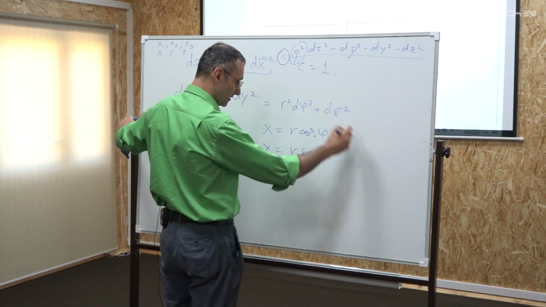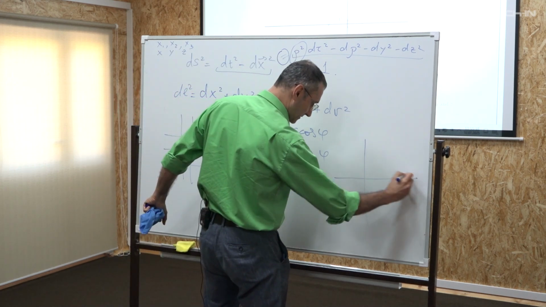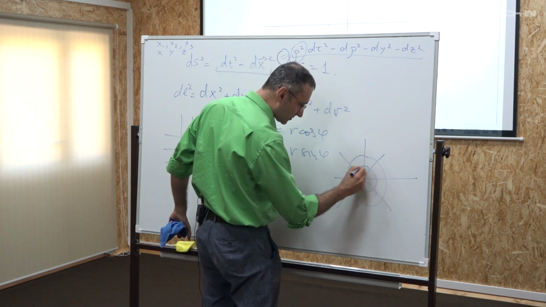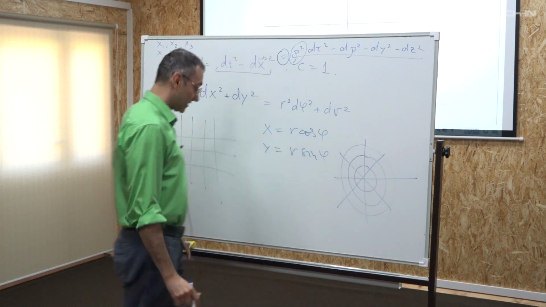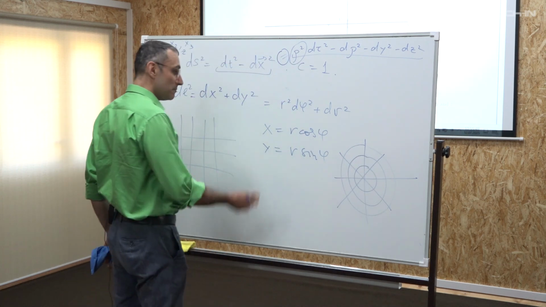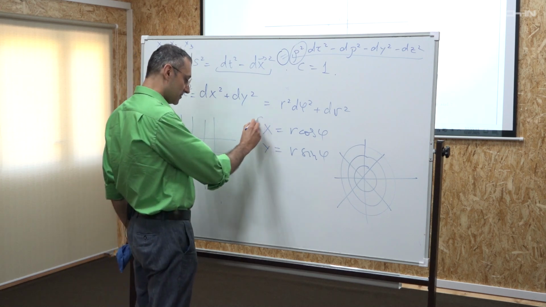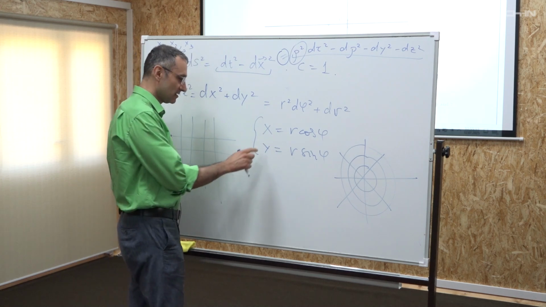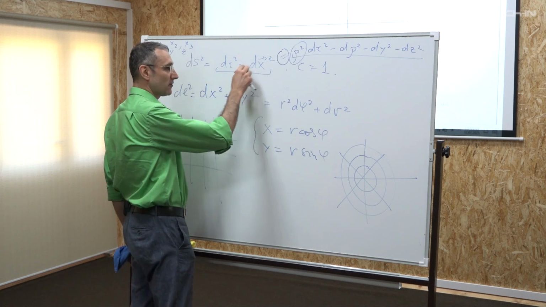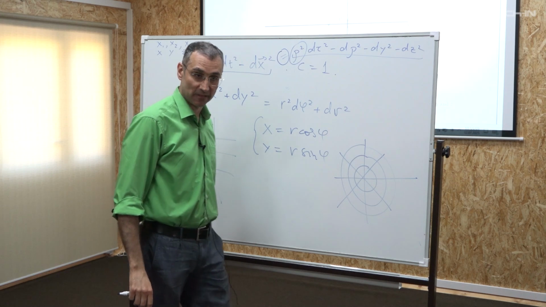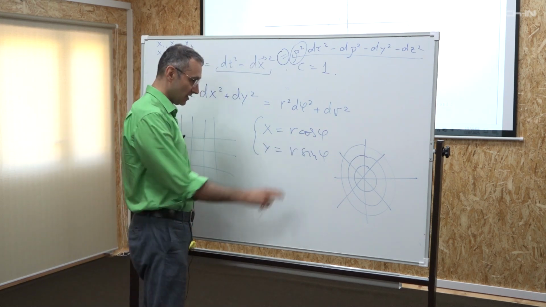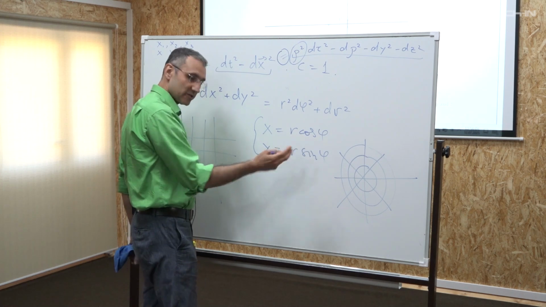So this coordinate system is like this. These are lines of constant phi, and these are lines of constant r. But this is the same plane. I draw different coordinate systems on the same plane. Actually, notice this coordinate change is not much simpler or much harder than the one I made to transfer from this to this. Actually, they are very similar. Instead of cosine and sine, I just used hyperbolic cosine and sine.